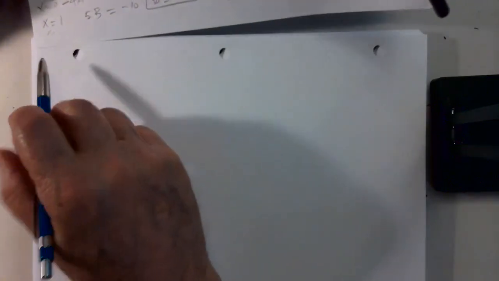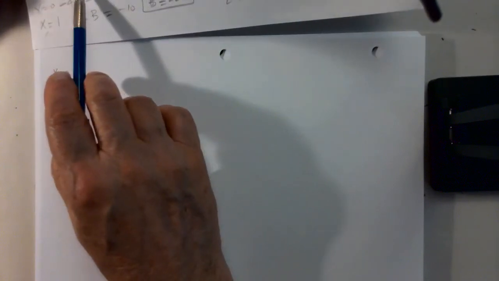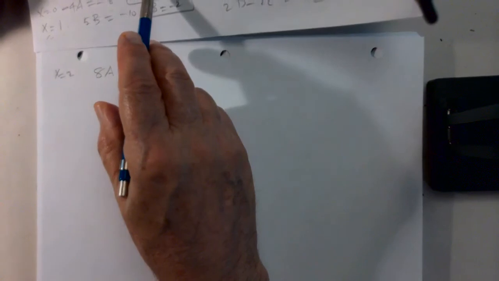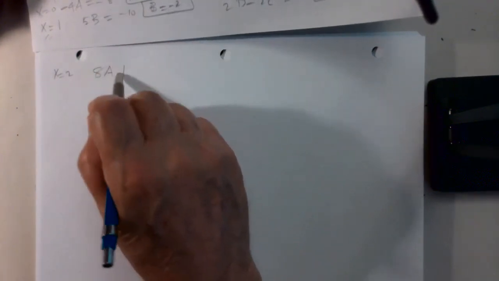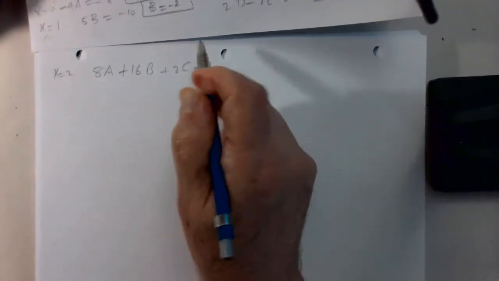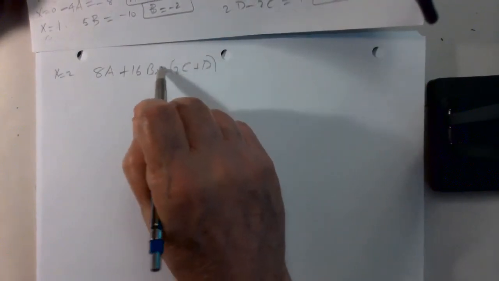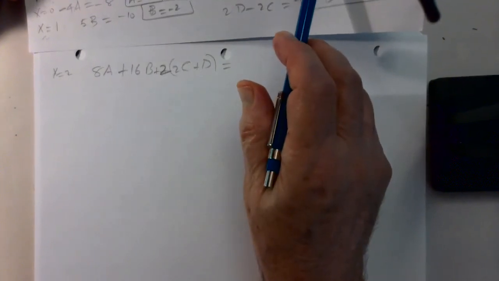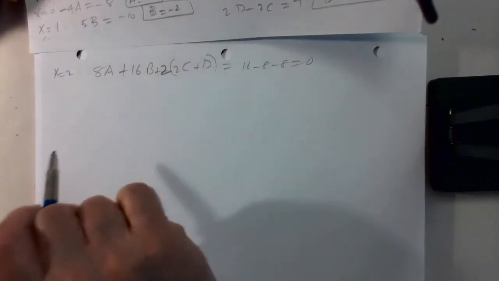Oh, well, suppose I let x equal 2. If I let x equal 2, I get 8a, and x is 2, 4 plus 4 is 8 times 2 is 16, plus 2c plus d, and x is 2, this is a 2, equals 2 times 8, 16 minus 8 equals 0.